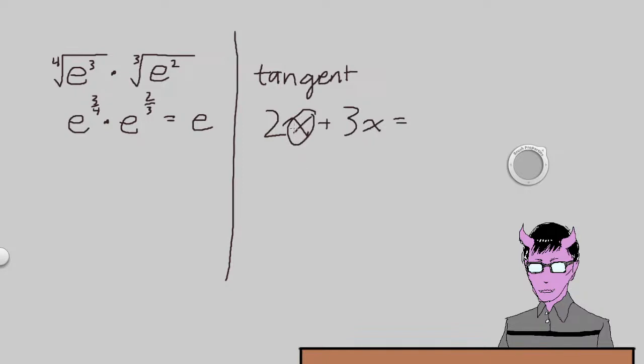How many of those do we have? We have 2 of those x types. So there are 2 x's right here, and then we're adding that to the same type of thing so we can collect them together. How many of those? We have 3 x's right here. So 2 x's here, we can consolidate with 3 x's there. So in total, we're supposed to have, in the perfect world, 5 x's.